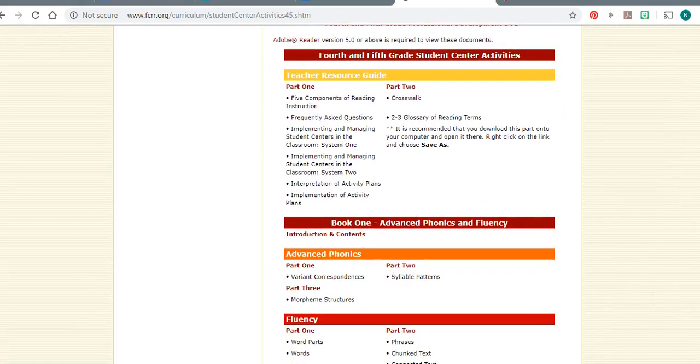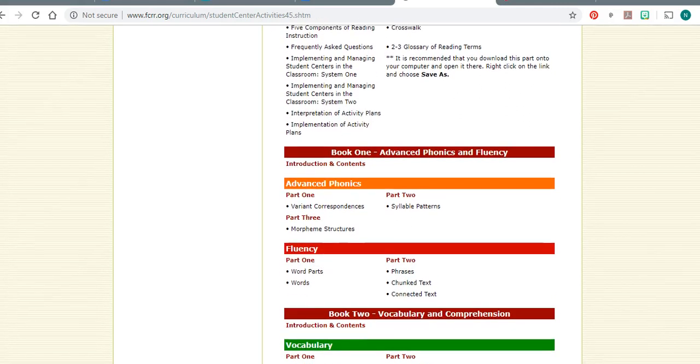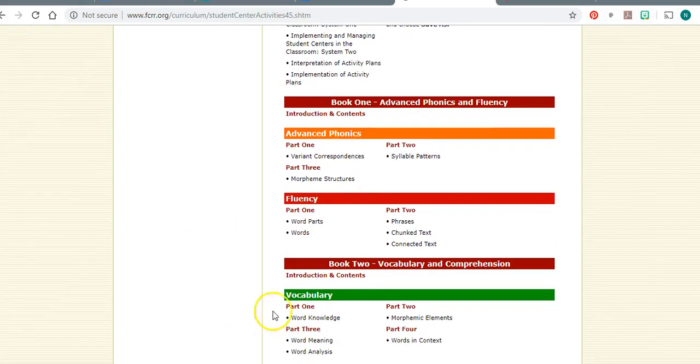But then you'll get activities. So look, there's activities for fluency. If your 5th grader has trouble with the parts of the words, the phrasing, the chunk text, you can pick one of those and see if any of these activities work for you.